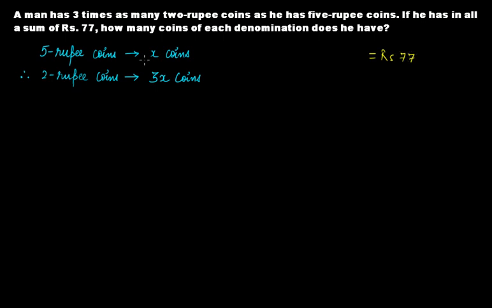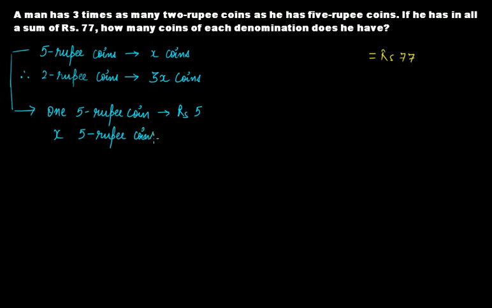If one 5 rupee coin has the value of rupees 5, so tell me what will be the value of x 5 rupee coins? Unitary method, that will be rupees 5x, because if for one coin it is 5, so for x coins it will be 5x.